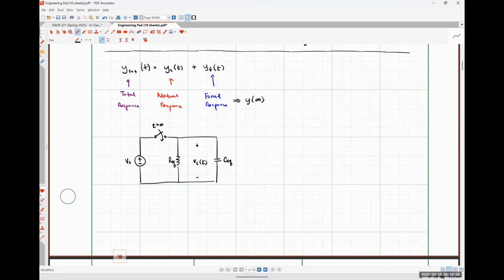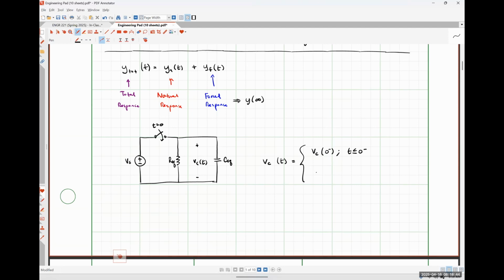So if we use this simple definition for our total response, then we might find, and for what it's worth, there is going to be a little bit of an error in here that we're going to fix, so you might not want to write things down just yet. But we might find that our total response, actually, let me do this as VC, right? So our total response for our capacitor voltage might look something like this. So we'd have our capacitor voltage at 0 minus for t less than or equal to 0 minus.